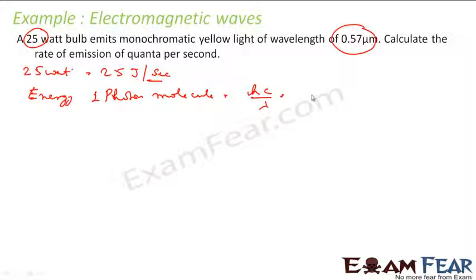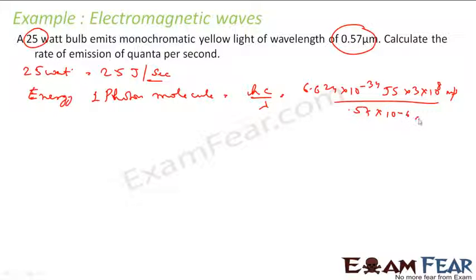So we'll put the values: 6.626 into 10 to the power minus 34 joule second, c is 3 into 10 to the power 8 meter per second, and lambda is 0.57 into 10 to the power minus 6 meter. So we solve, we get 34.87 into 10 to the power minus 20 joules. This is the energy of one photon. Please note, energy of one photon.